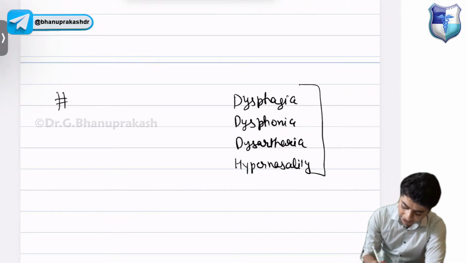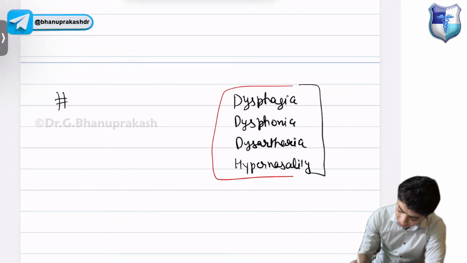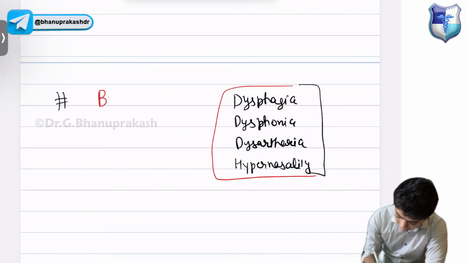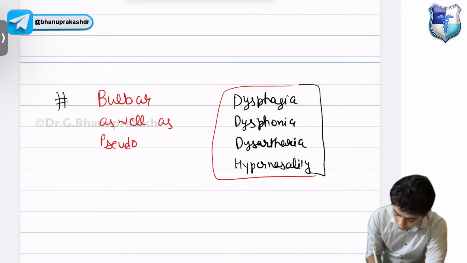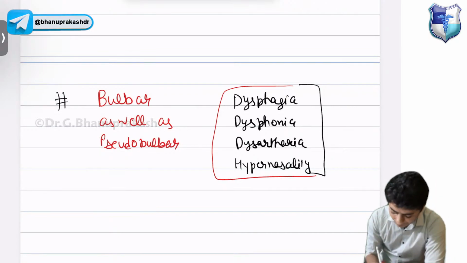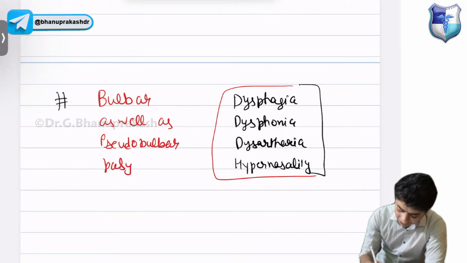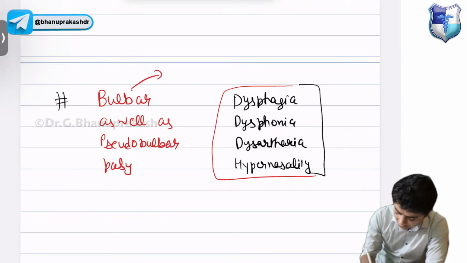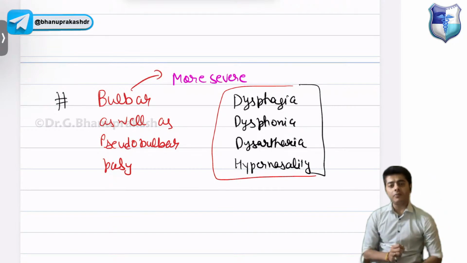This will be present in both conditions, that is bulbar as well as pseudobulbar, because in the end both are affecting the 9th, 10th, 11th, 12th nerves. But they will be more severe in the case of bulbar palsy.